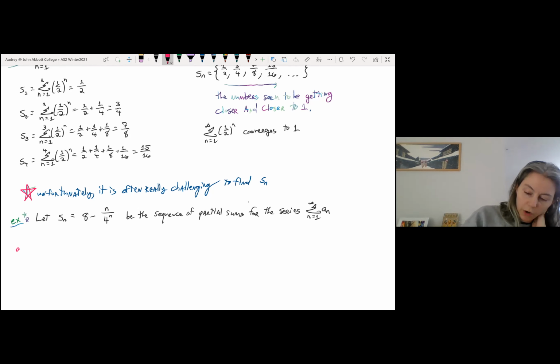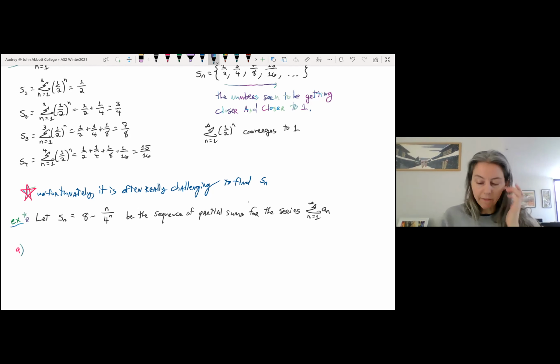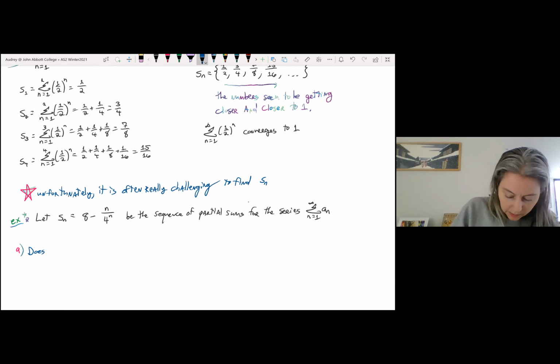And the first question we're going to ask here is, does the series converge or diverge? Does the sum n equals 1 to infinity of a sub n converge or diverge?